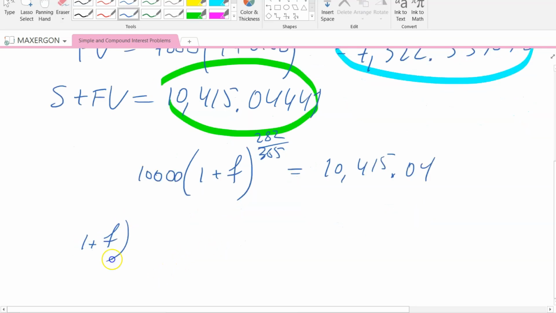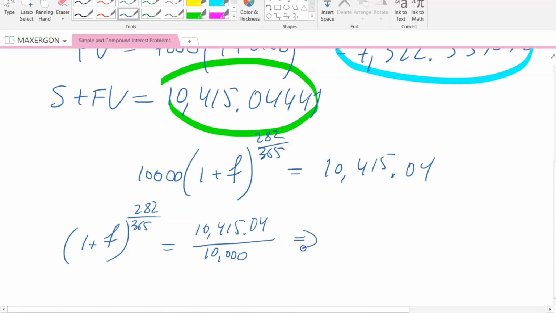1 plus f exponent 282 divided by 365 will equal 10,415.04 divided by 10,000. From here, we'll be solving this equation. We need to get to f. On both sides, we'll take exponent reciprocal to this exponent here.